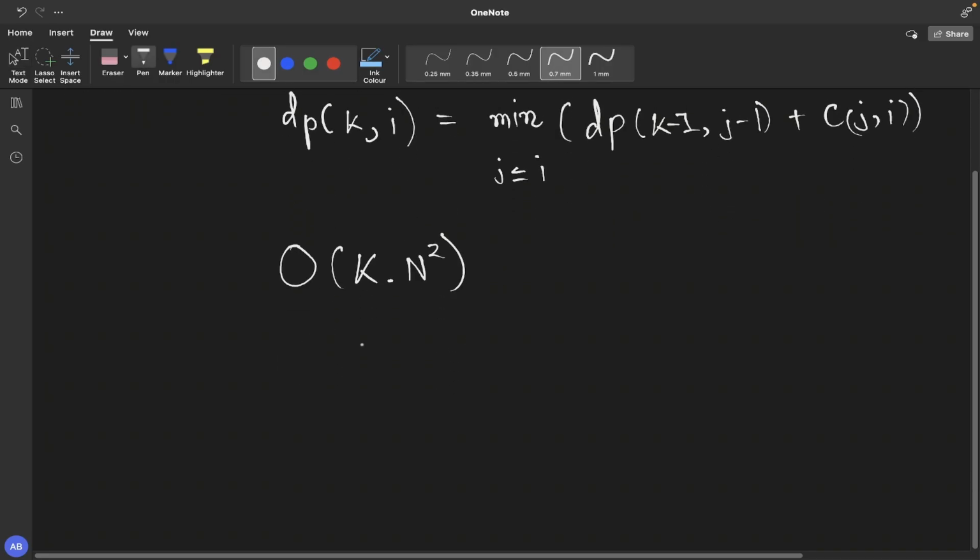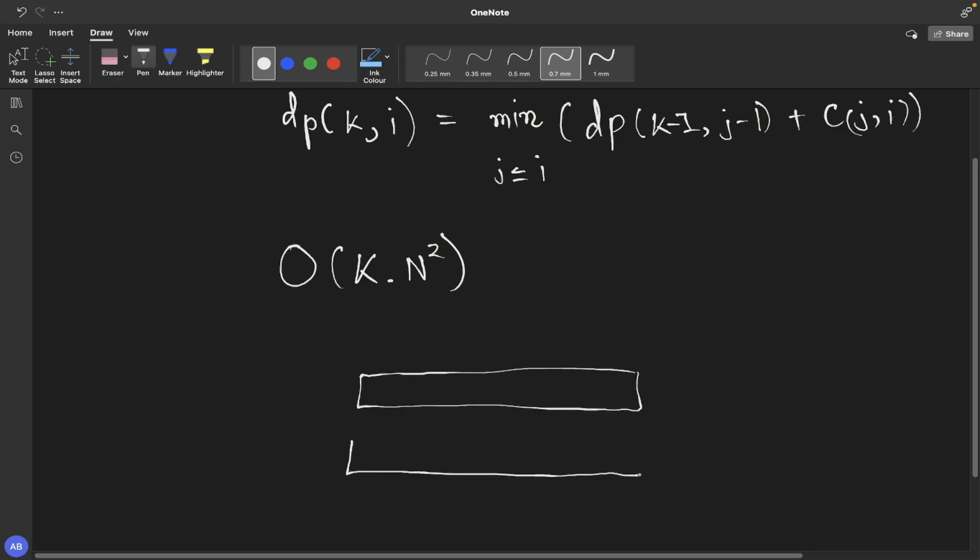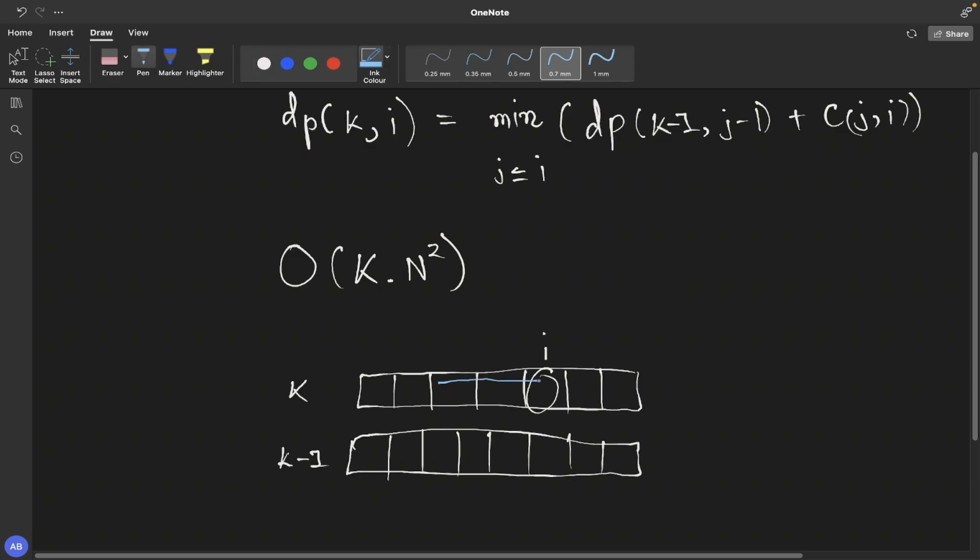And let's actually visualize this once because it will help later on. So this is k minus 1, this is the DP table. And suppose we're considering this cell to be i, then we're saying that the cost to create a subarray from here to some j, and let's say that we want to split it into this subarray.